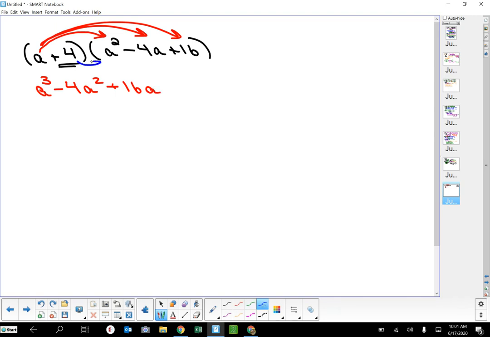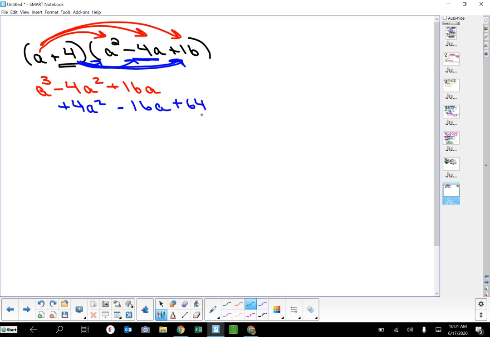All right. Now let's go back and multiply this guy. Again, 4 times a squared is a positive 4a squared. 4 times negative 4a, the middle term here, is a negative 16a. And then I have 4 times 16, which is a plus 64.